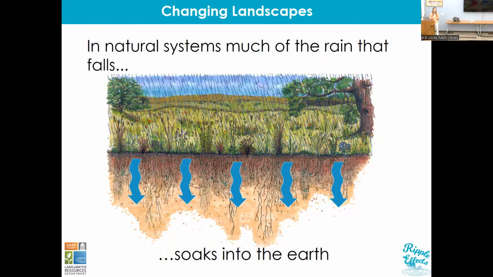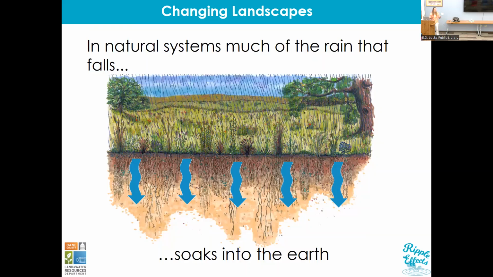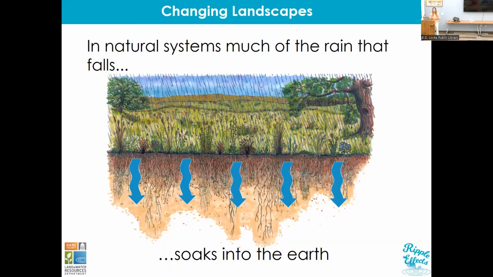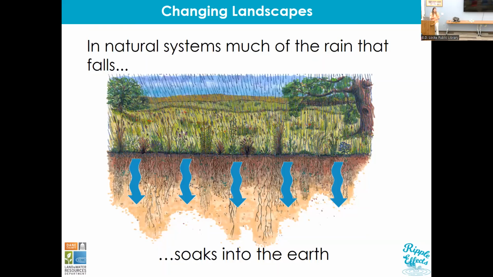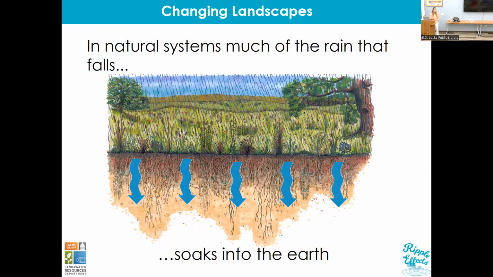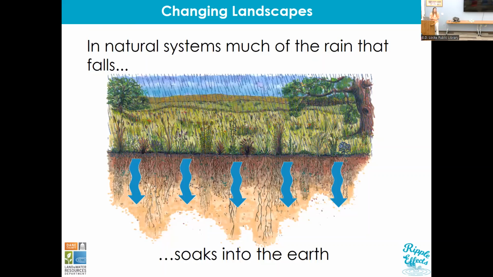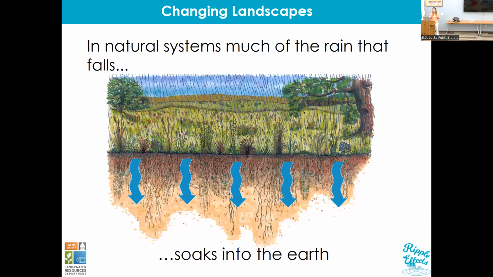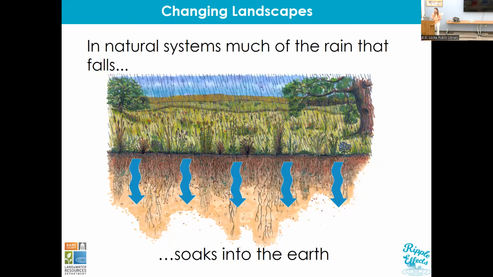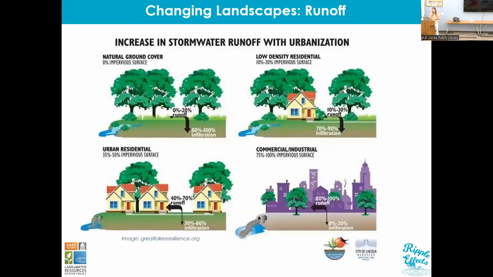So we want to replenish that source, making sure the water that falls infiltrates as much as possible. It also slowly soaks through the soil and slowly makes its way back to our lakes, rivers, and streams. That's how it was done back in the day.